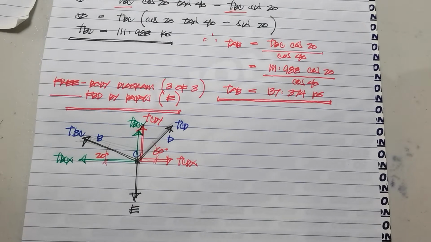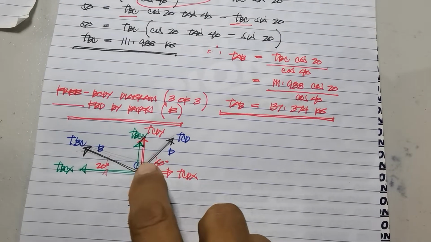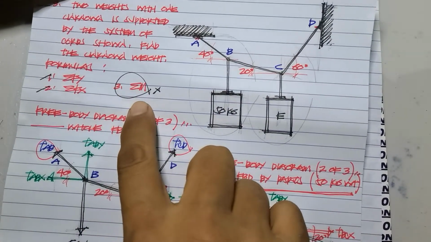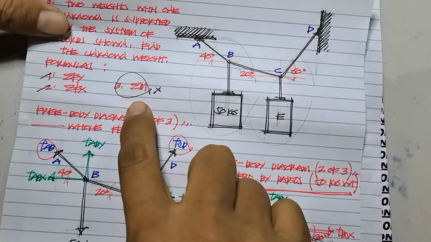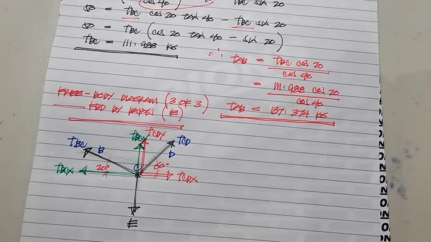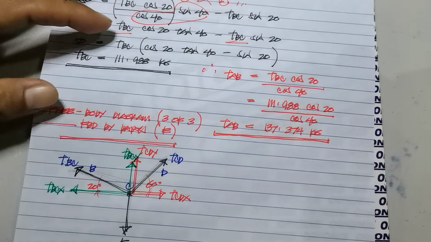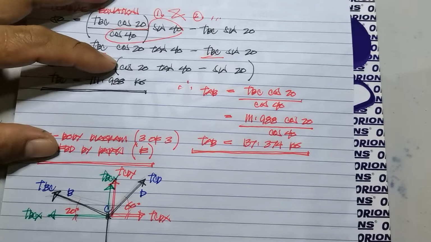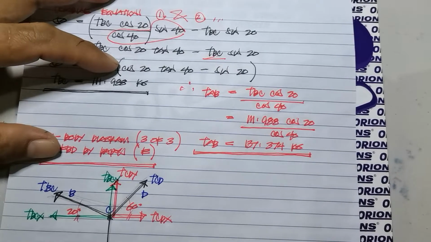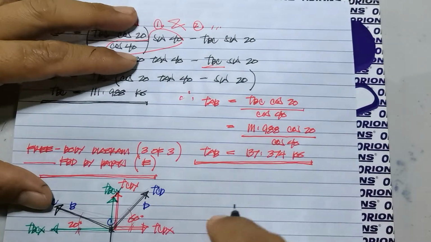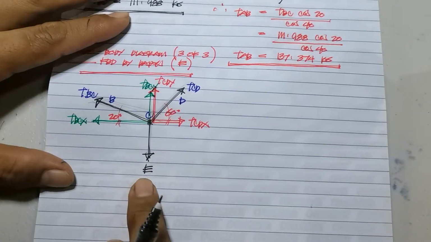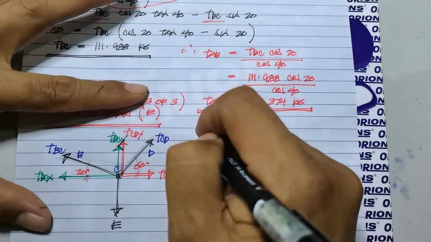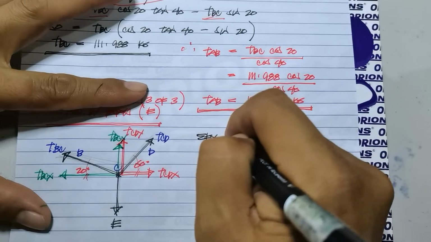So, as mentioned earlier, we cannot use the moment equation, due to the absence of a perpendicular distance. We only have two equations to use here: the vertical equation and the horizontal equation. Since we are looking for the value of E, and E is oriented vertically, naturally we use the vertical equation.